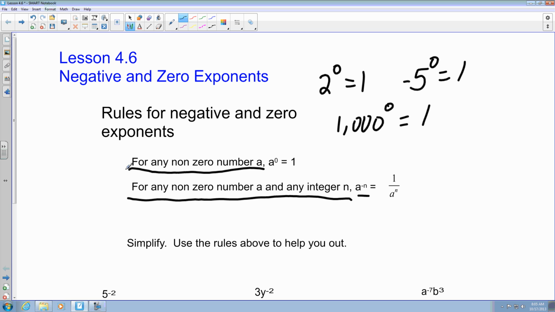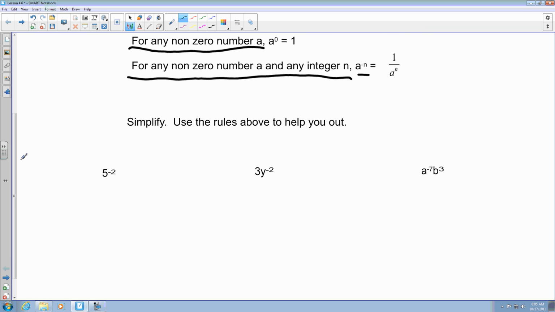Okay? So taking a look at these examples here, what I want to do is get my exponents to be positive. So for this one here, using the rule of negative exponents, I have a negative 2. In order to make that a positive 2, I put it 1 over 5 squared.